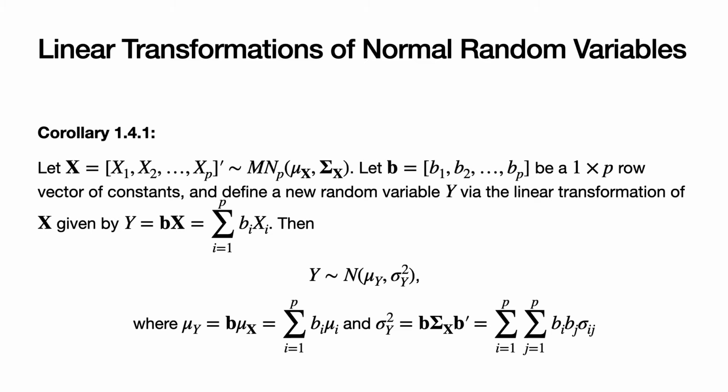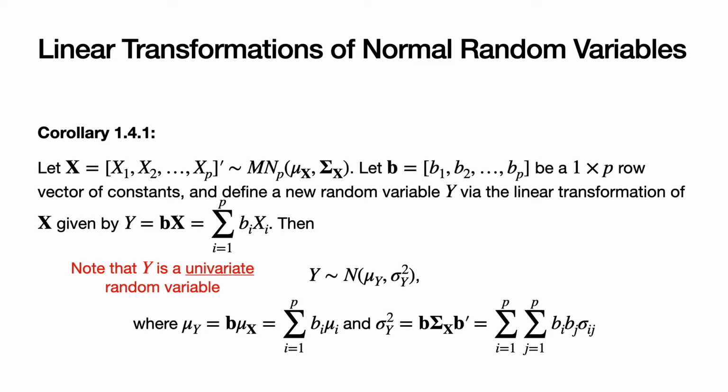And so according to this corollary, which again is a special case of Theorem 1.4, the distribution of the random variable y will be a univariate normal distribution with mean denoted by mu sub y and variance denoted by sigma squared sub y, where the mean of y is equal to the same linear transformation applied to the means of the x's, or applied to the entries in the mean vector of x, and the variance of y is equal to the double sum, i going from 1 to p and j going from 1 to p, of b sub i times b sub j times sigma ij.